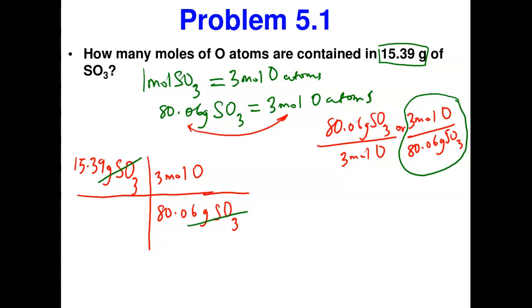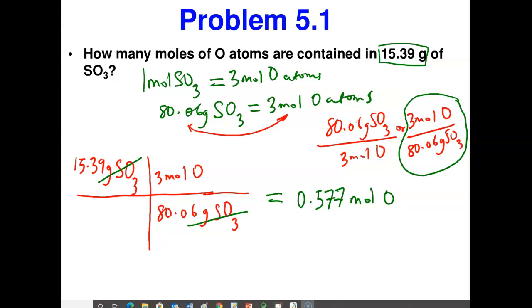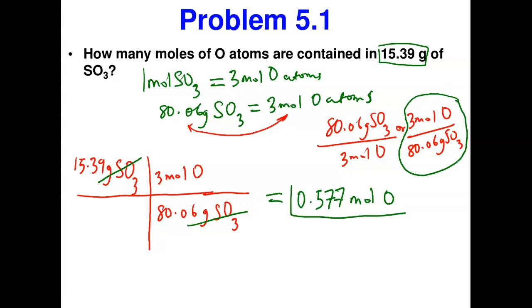And that makes sense. When we put this in our calculator, that is going to be 0.5737 moles of oxygen atoms. So this will be our answer at this point in time.